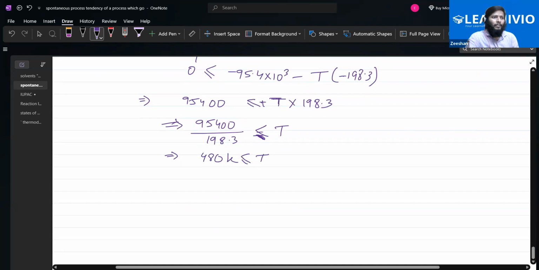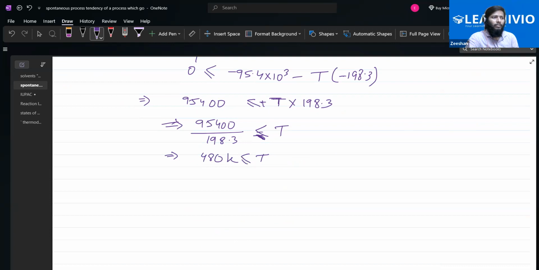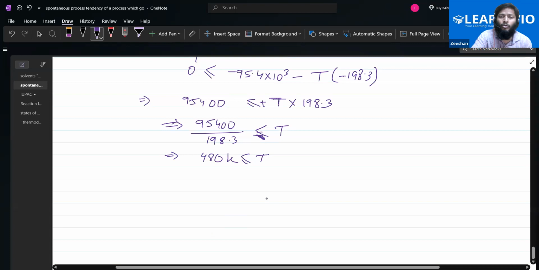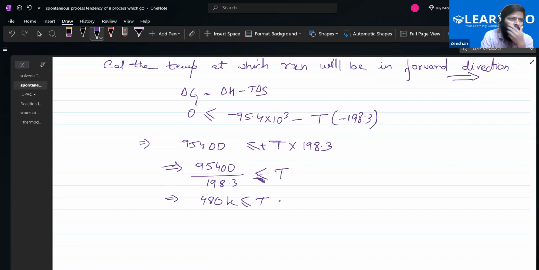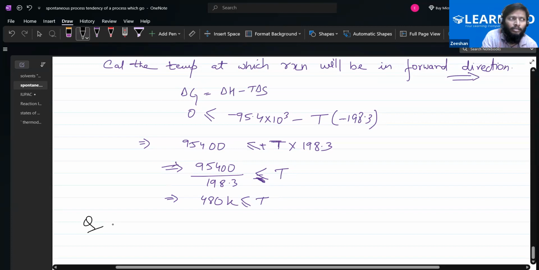Yes, sir. Are you getting it? Anybody have a problem in this question? No, sir. A small question, this one is theoretical. Delta H and delta S are given as positive.